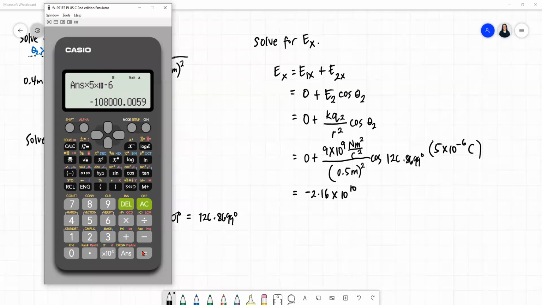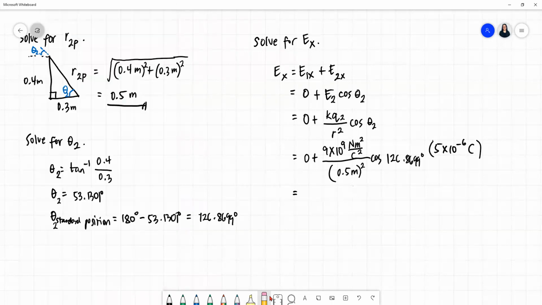It must be negative 108,000.0059, not negative 2.16. We'll change this. Negative 108,000.0059. And it's now the correct dimension, the correct unit, newton per coulomb.